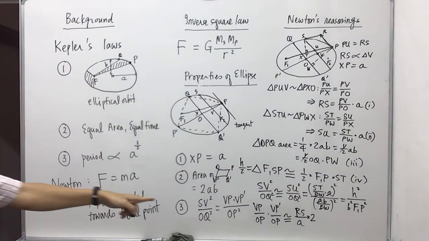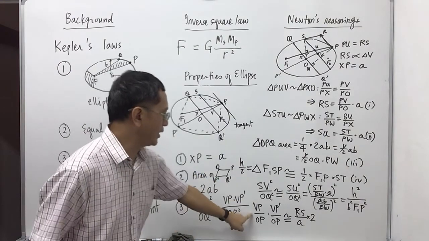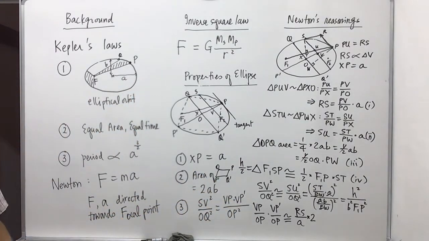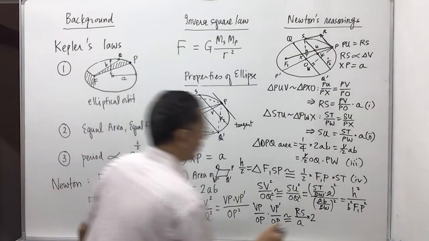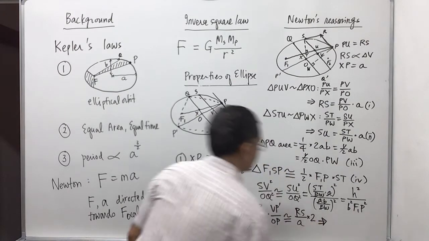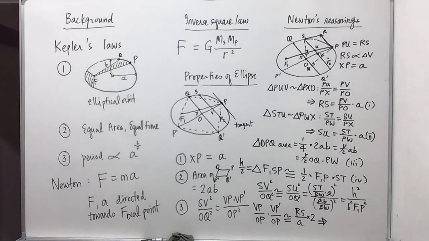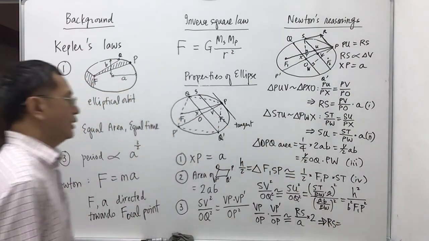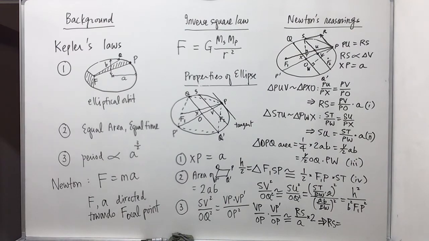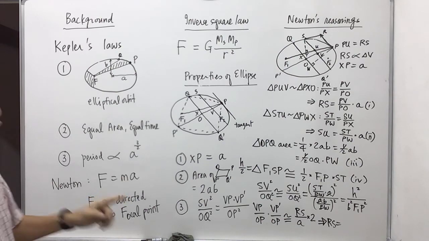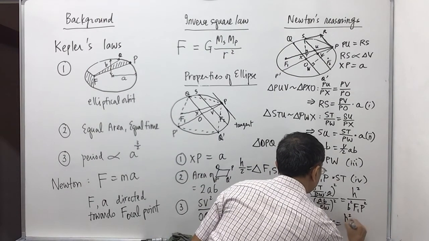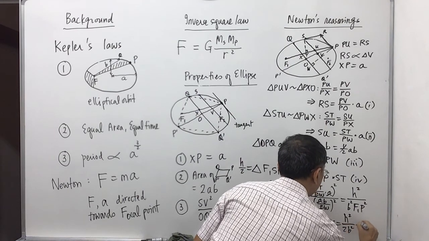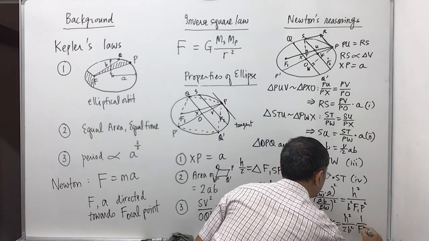Now I can equate. This is my left hand side. This is my right hand side of my third property of my ellipse. If I equate them, where is the law of Newton? Now we can make RS the subject. So RS will be equal to H squared A over 2B squared times 1 over F1P squared.